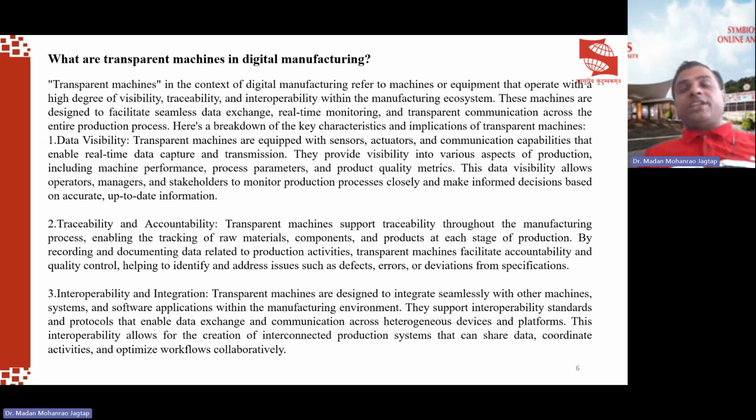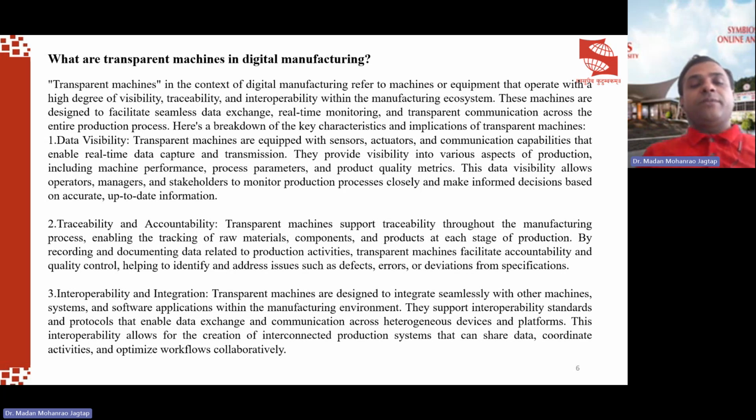Whatever manufacturing errors and deviations from the specification there are, we can trace them, and that gives us accountability related to the manufacturing process.